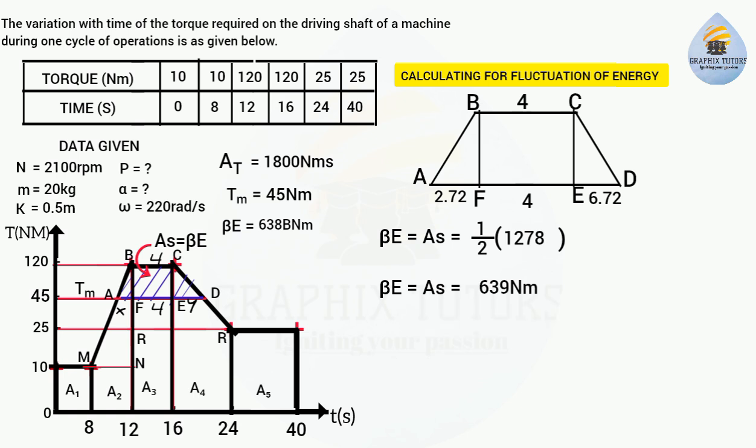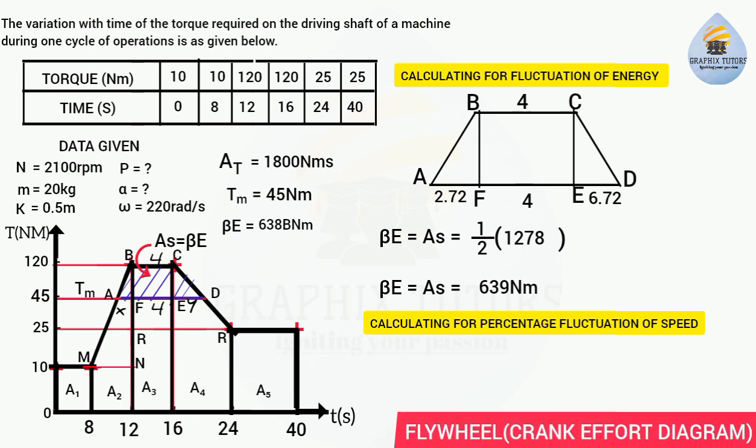After that, we will calculate the percentage fluctuation of speed, given as alpha, while in most cases they call it C sub s. So our fluctuation of energy, beta E, which can be written as delta E, is given as the moment of inertia multiplied by the fluctuation of speed multiplied by the angular speed squared. But since our moment of inertia is not given, there's a relationship that says I is equal to mass times radius of gyration squared.